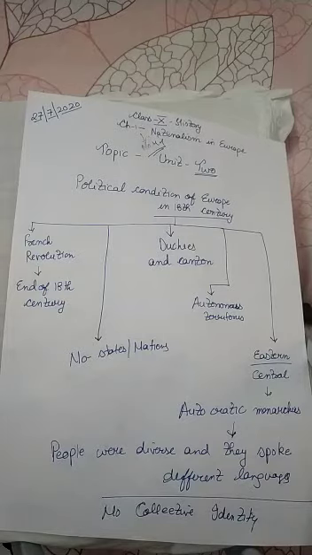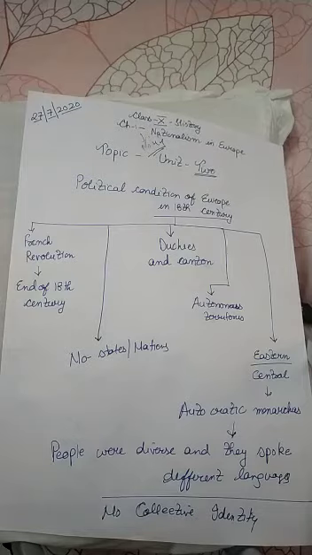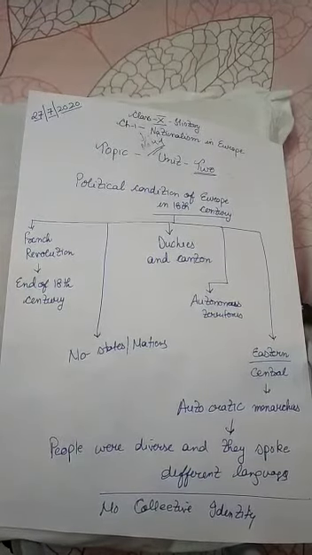This unit is divided into 6 segments. One is the introduction, the other is the other 5 units. All the units are very important. First of all, when we start the introduction part, we will be going through the political conditions of Europe in the 18th century.